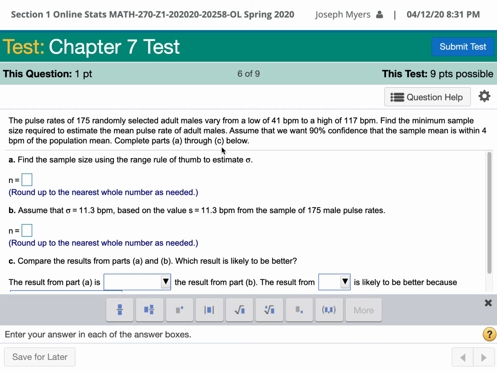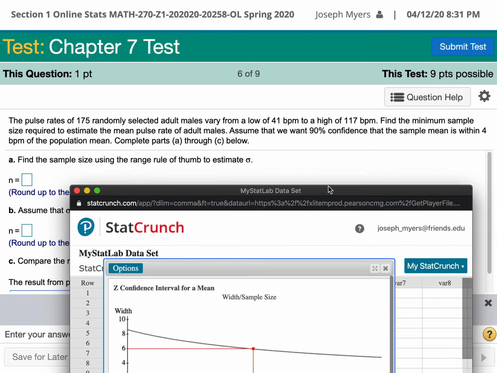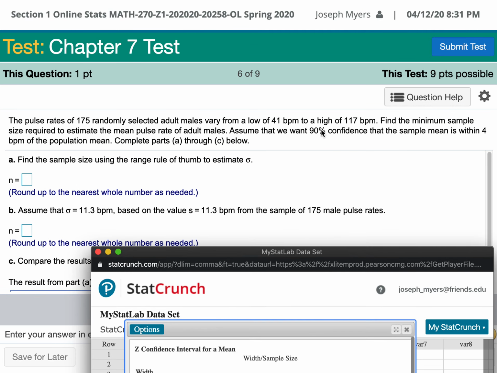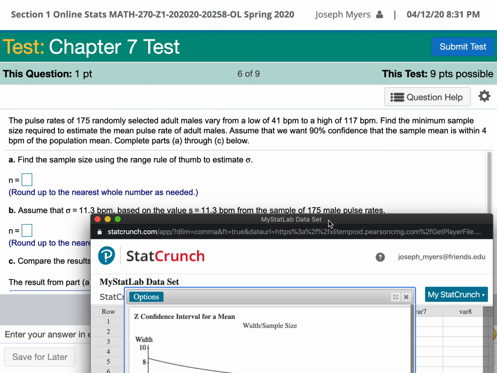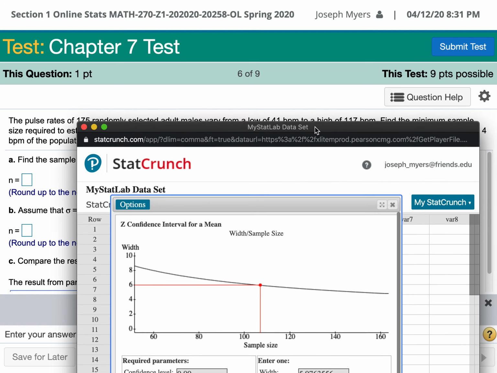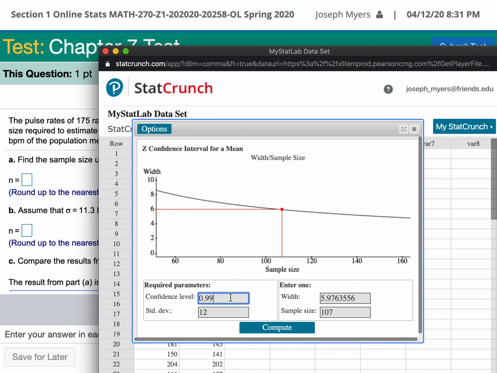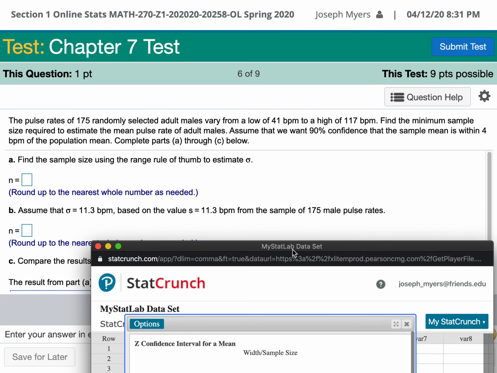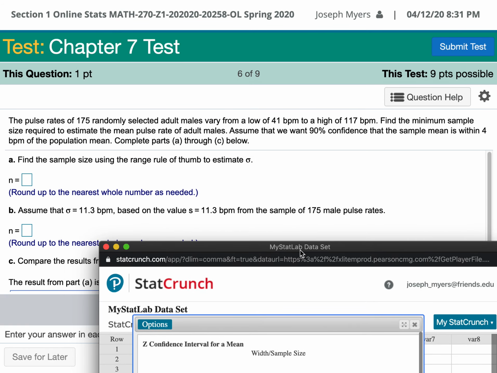Well, now we are going to do the same thing. So let's see, find the minimal. Okay, so go back to the same thing again, and we're going to do a 90% confidence, and that the sample mean is within 4.